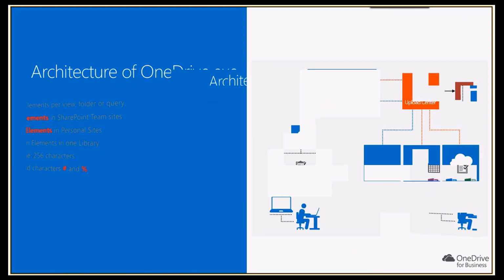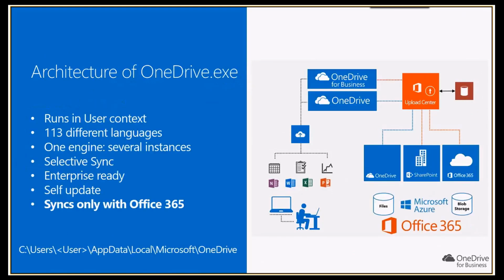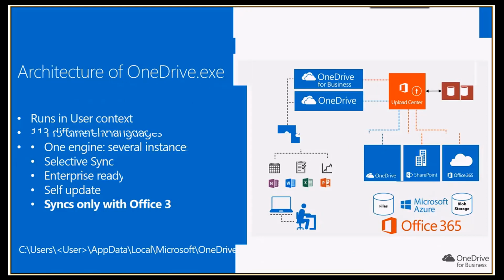If you look at all the files you have in the cloud, with OneDrive it's Azure files, and if you have it in Office 365, the data are stored in blob storage, if you want to know that. So those are the synchronization limits of the next generation sync client. The file size limit is 15 gigs.